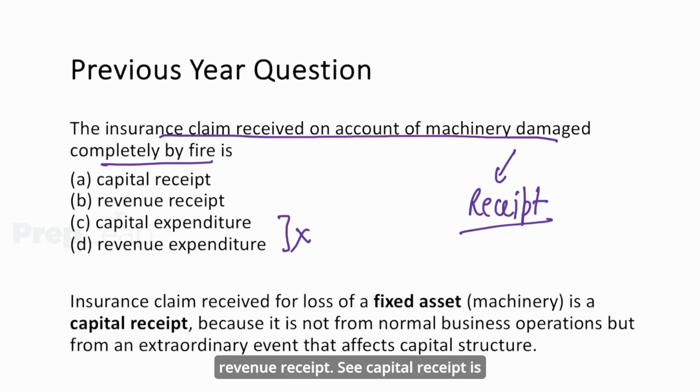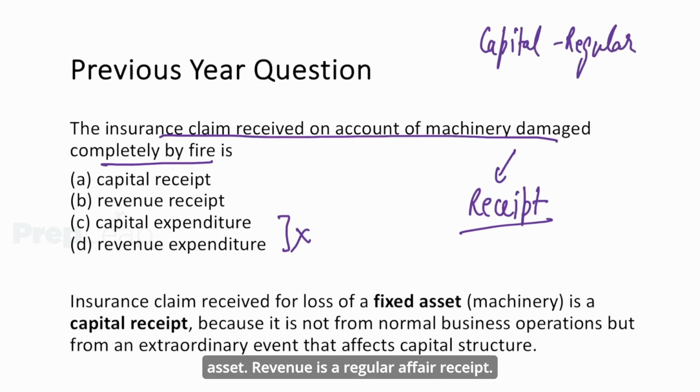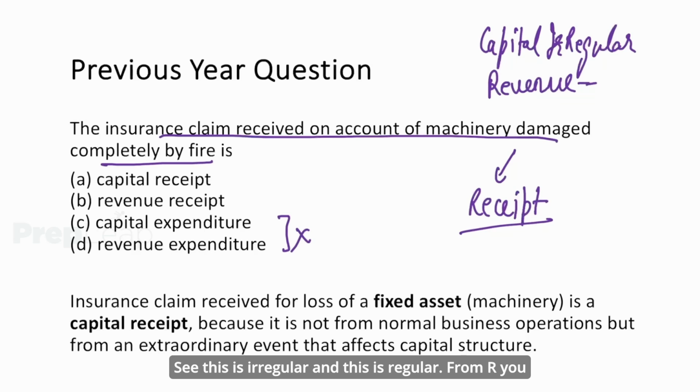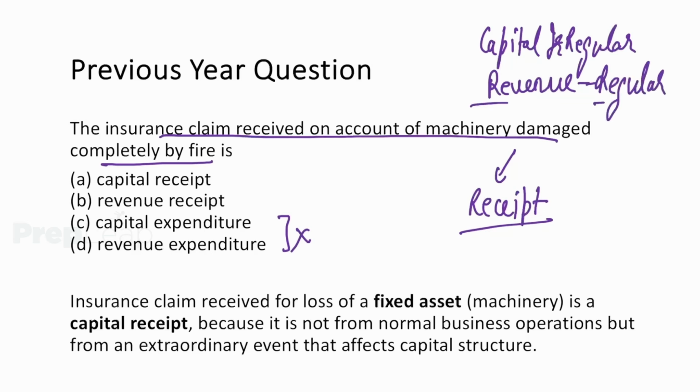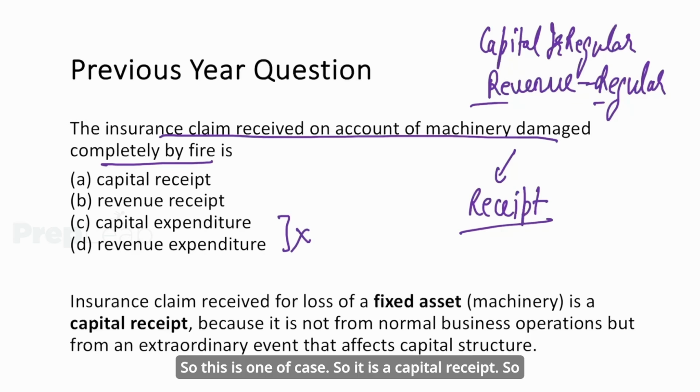See, a capital receipt is one which is not regular and is in lieu of some asset. Revenue is a regular receipt. So this is irregular and this is regular. From now on, remember regular and revenue. So this is a one-off case, so it's a capital receipt.